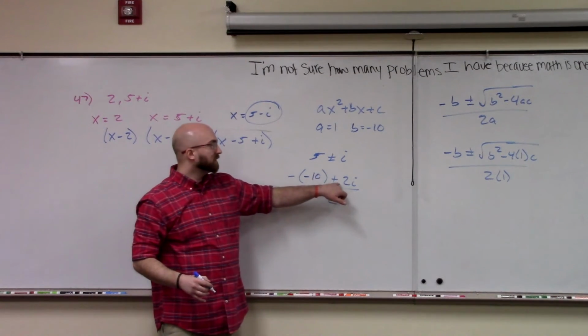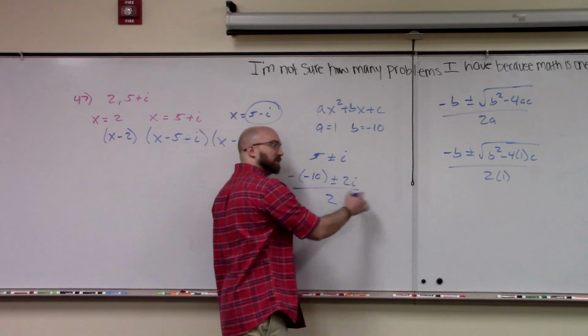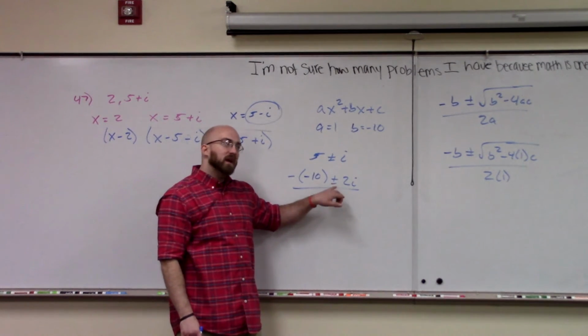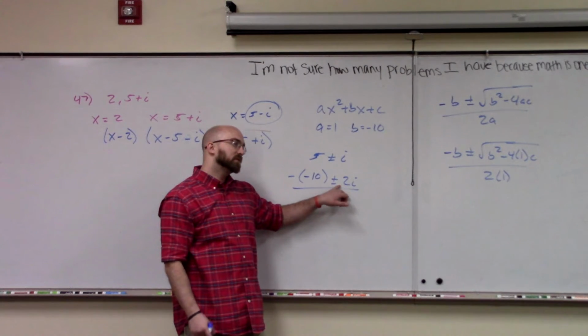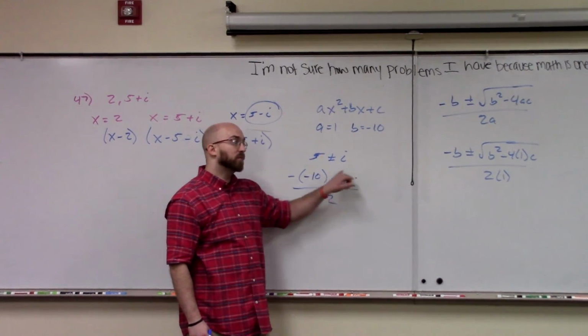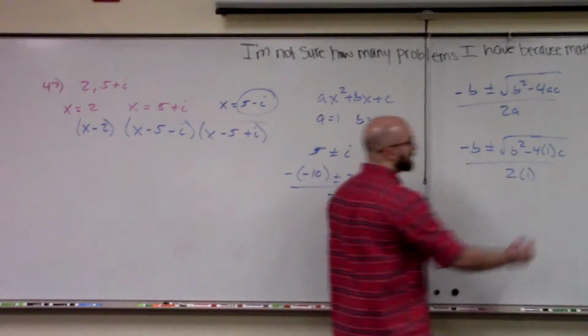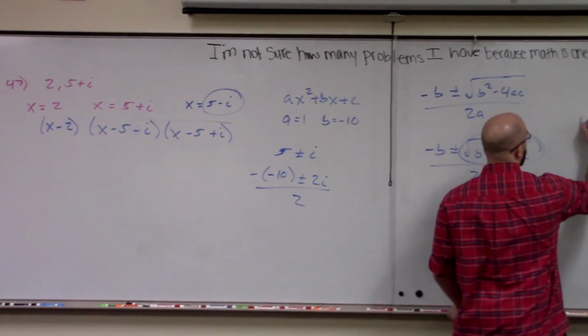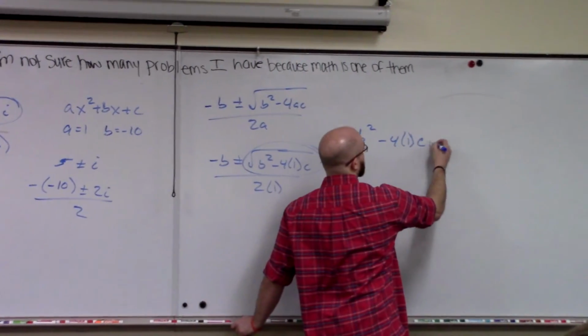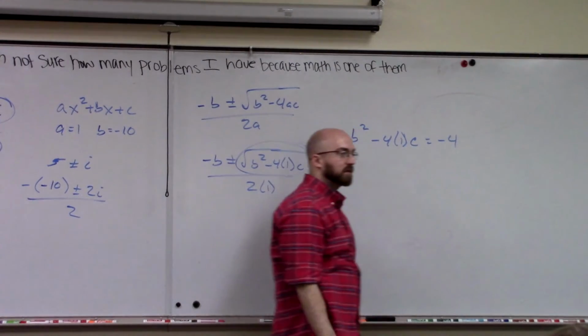Now my c, I had to take a square root of this. This also had to be a negative number. 2 is the square root of what? 4. So this had to equal negative 4 at some point in time, right? So that tells me that this portion here, the b squared minus 4 times 1, C has to equal -4.